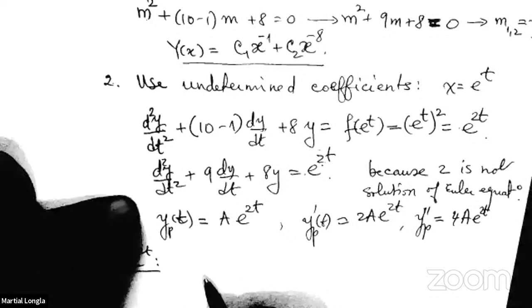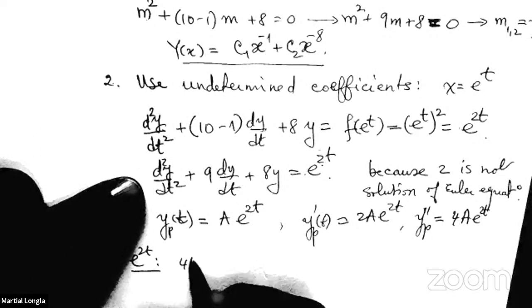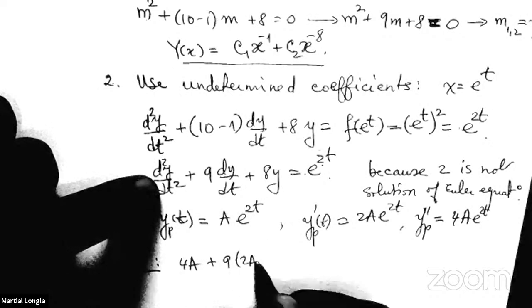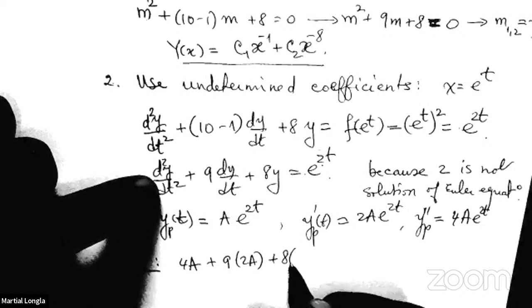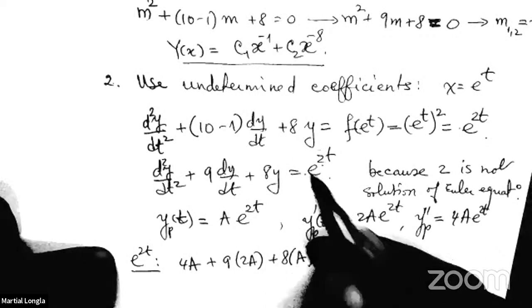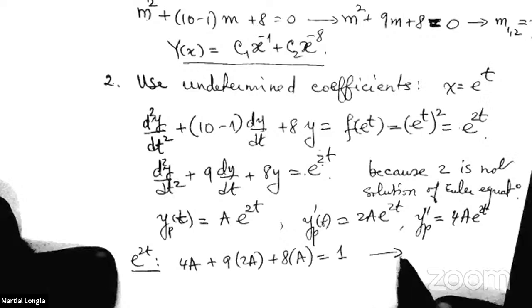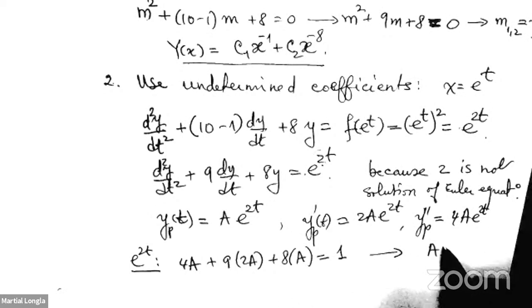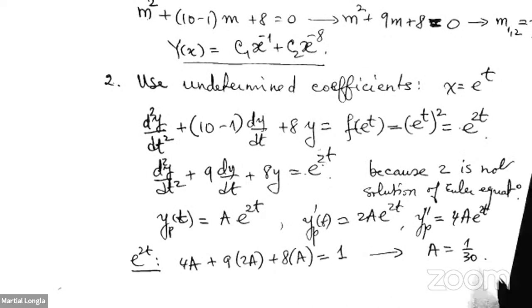Second derivative, it's 4a plus 9 times the first derivative, that's 2a, plus 8 times the function originally, a, equals the right hand side, 1. So you get 9 times 2, that's 18, and 4, that'd be 22, plus 8 is 30. So a is 1 over 30.